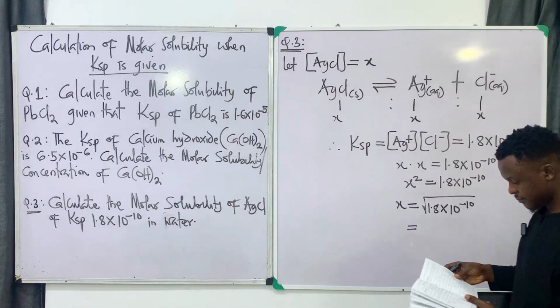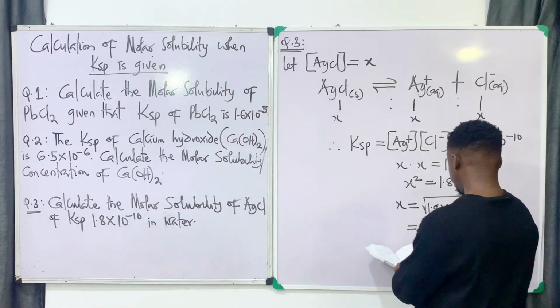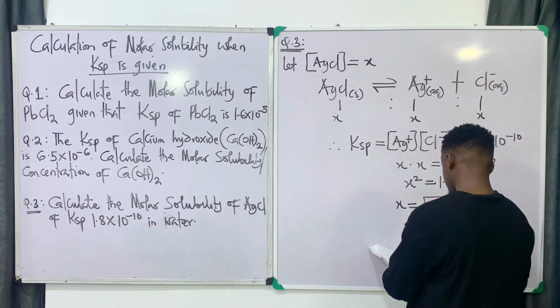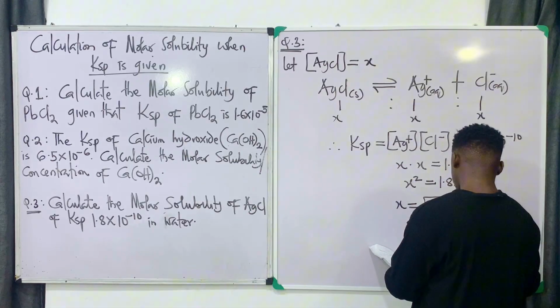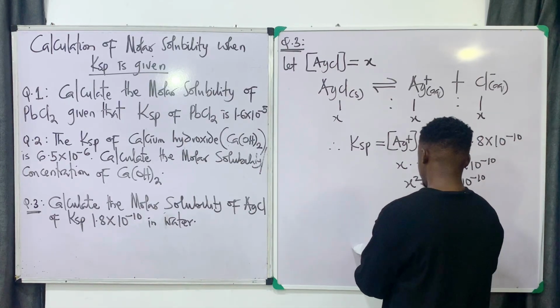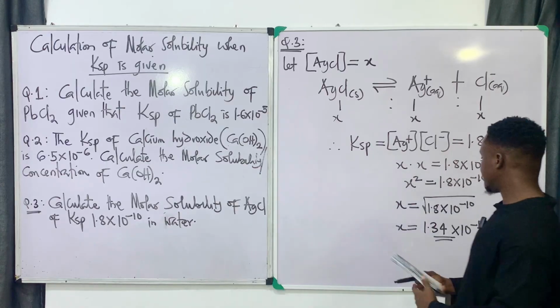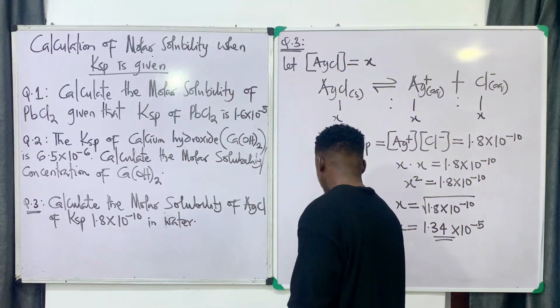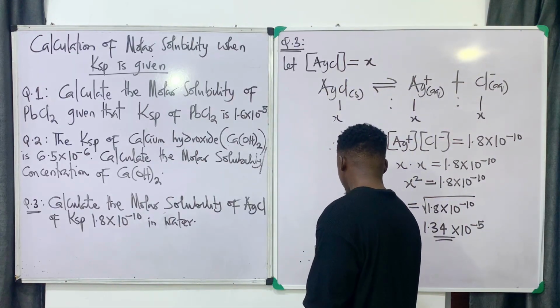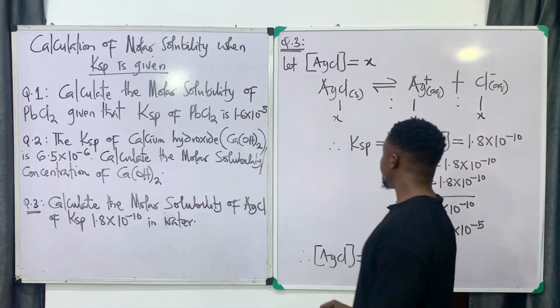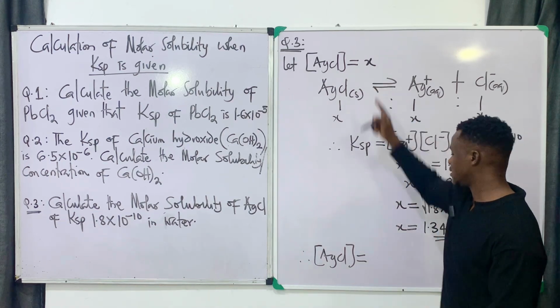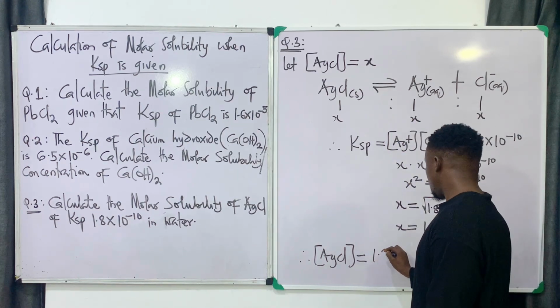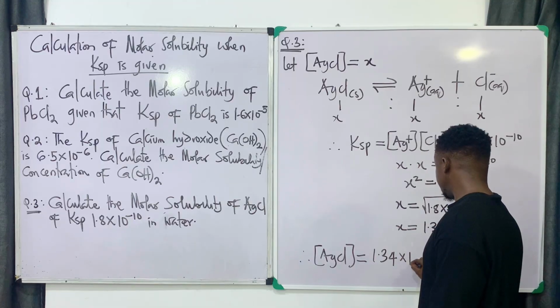So when you do that, X is 1.34 times 10 raised to the power of minus 5. So therefore, molar solubility of AgCl, which we had earlier said is X, will now be equal to 1.34 times 10 to the power of minus 5.